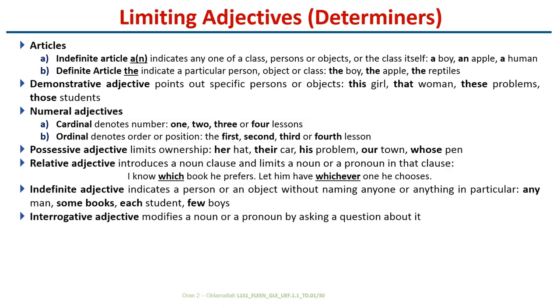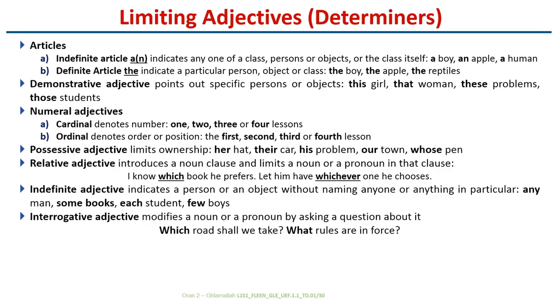An interrogative adjective modifies the noun or a pronoun by asking a question about it. For example, which road shall we take? What rules are in force? Again, the difference between interrogative pronouns and interrogative adjectives, or between pronouns and determiners in general, is that after a pronoun there is no noun, but after a determiner you find a noun.